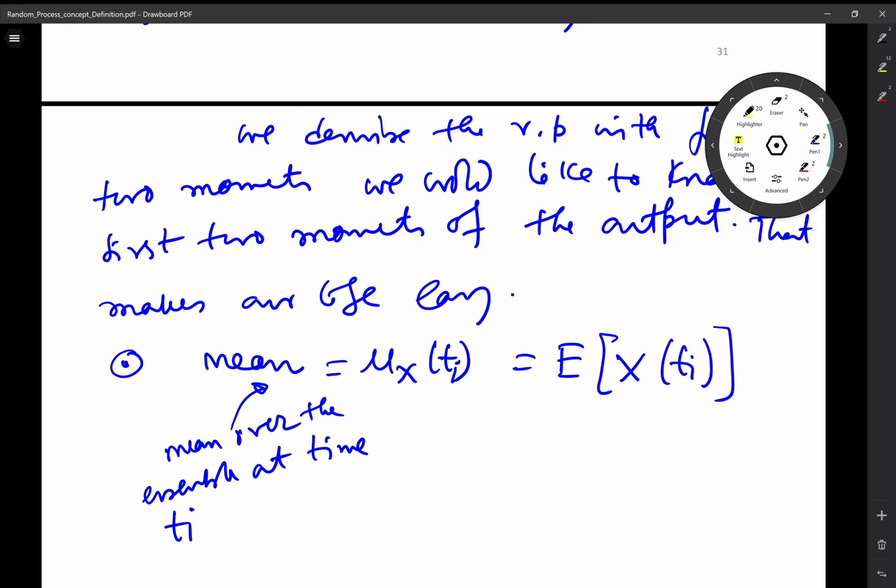This is the mean function, simply the expected value of the process.